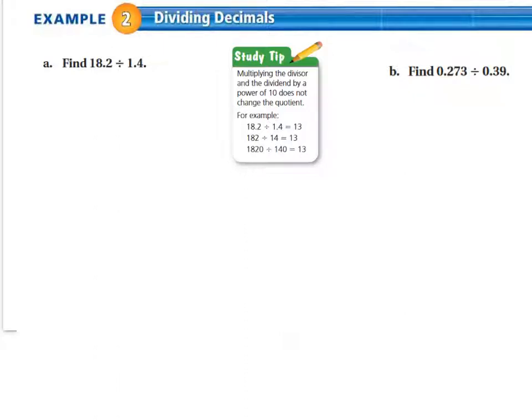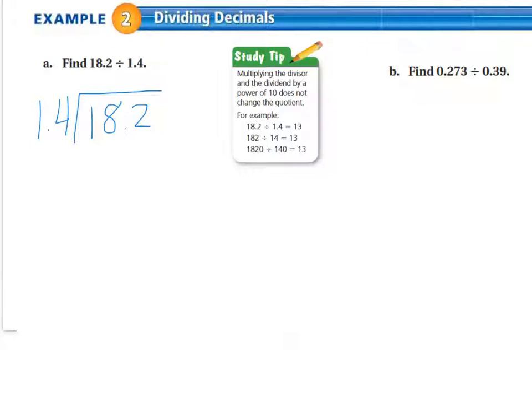Example 2, dividing decimals. Find 18.2 divided by 1.4. 18.2 is my dividend, my divisor 1.4. So the first step is to get my divisor 1.4 to be a whole number.